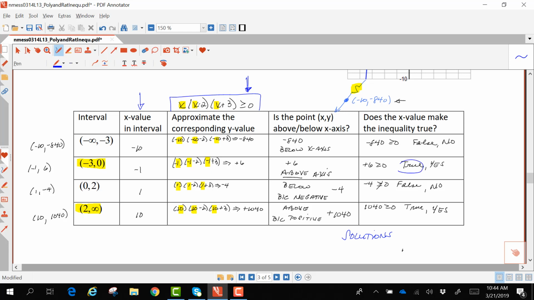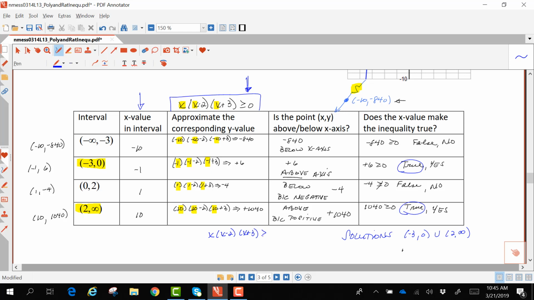Your solutions occur where you get a true statement. You get true results in row 2 and row 4, which are the intervals -3 to 0 and 2 to infinity. We put a U shape between them representing the union of those two intervals.